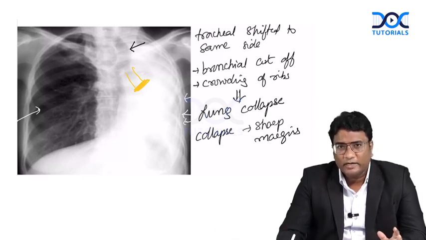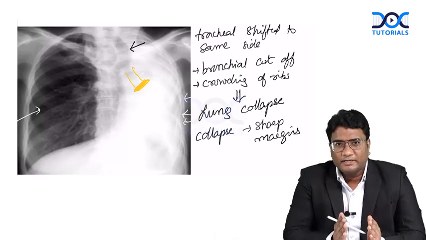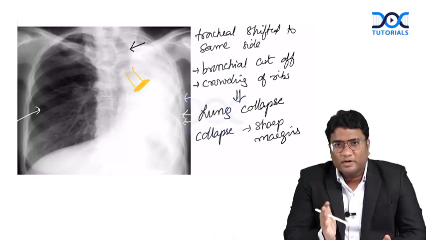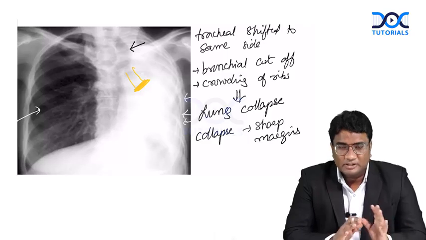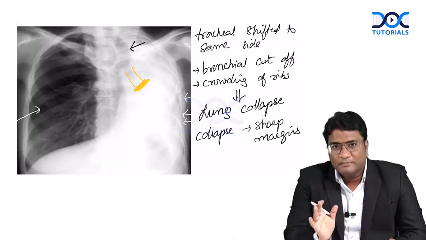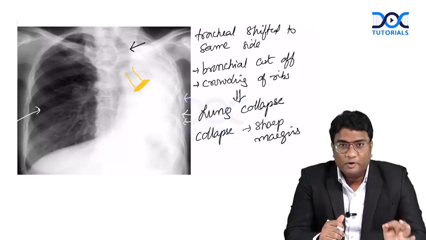Another clue is try to look at the opacity better. If you see carefully, if you are able to see branching bronchi, air-filled bronchi, that is suggestive of pneumonia. How do you differentiate a lobar collapse from a lobar pneumonia? Remember, in lobar collapse, there will be a sharp margin, whereas in pneumonia, you have ill-defined fluffy margins. In collapse, you will see bronchial cutoff.